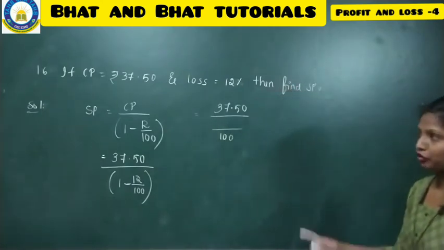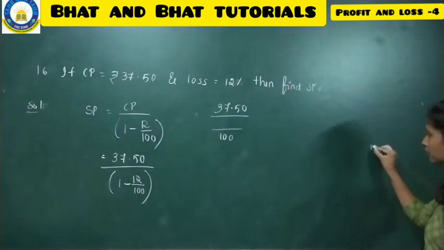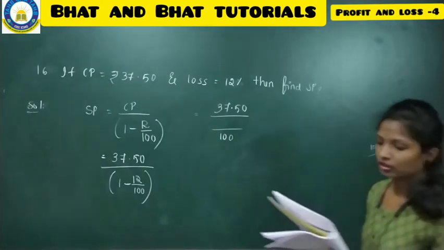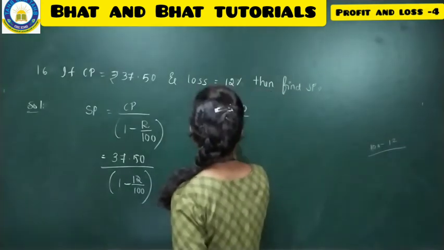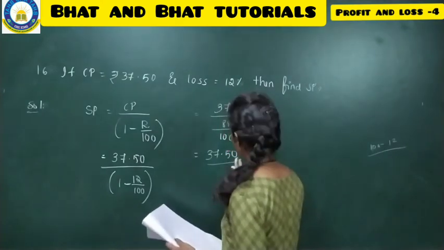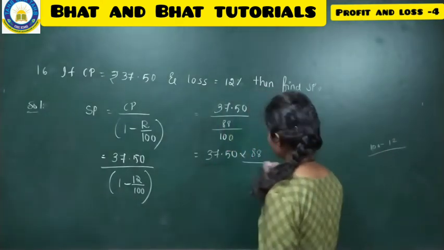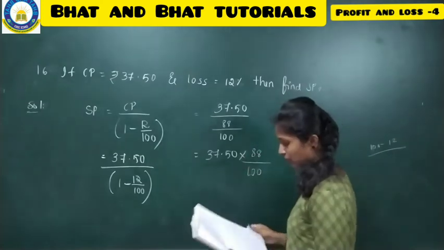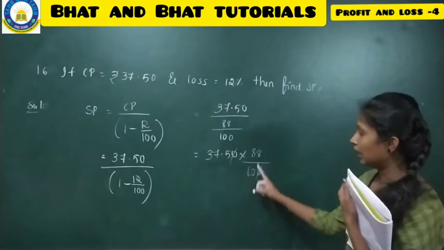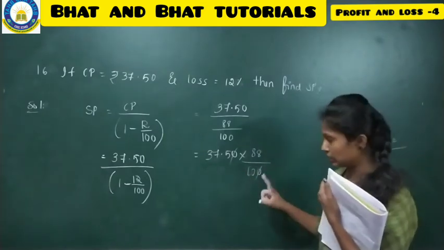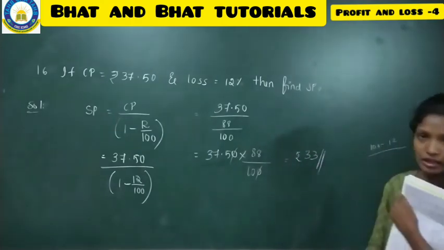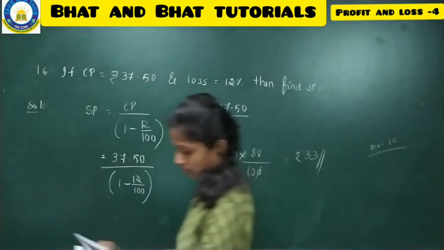So 1 into 100 is 100, minus 12, it is 88. Now 37.50 into 88 by 100. Now do any cancellations that can be done, multiply and divide by 10. Finally, you will get rupees 33 as your answer. You can make a note of your 16th question.